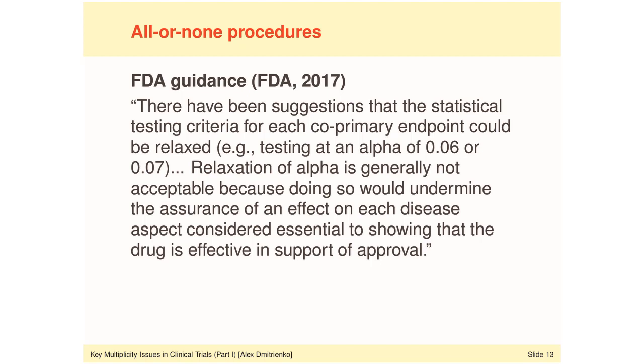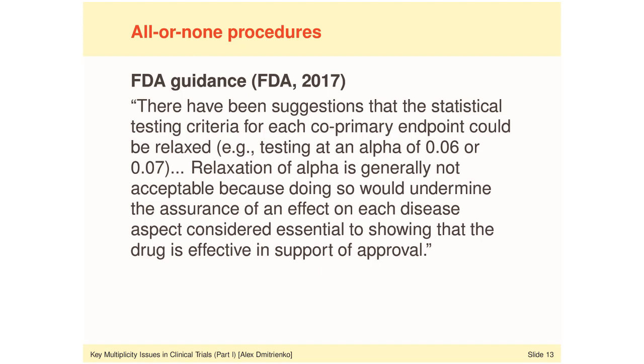For example, testing could be performed at an alpha of 0.06 or 0.07. Here, of course, the authors of the guidance refer to two-sided alpha levels, and they're implying that the two-sided alpha level of 0.05 could be potentially relaxed and increased to 0.06 or 0.07.